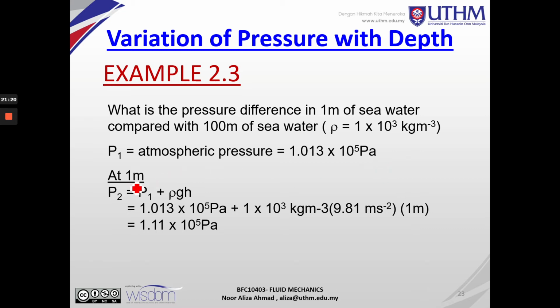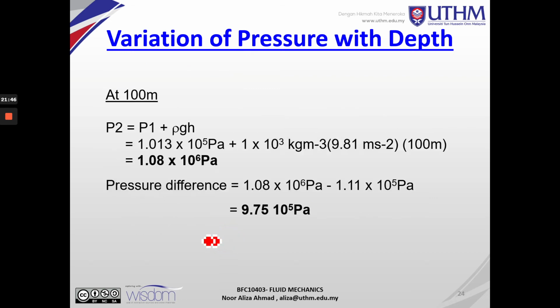So with P1 at atmospheric pressure, the pressure at point 2 is P atmosphere, equal to P1, plus ρgh. You just put in all the values here, so we get this value at 1 meter.